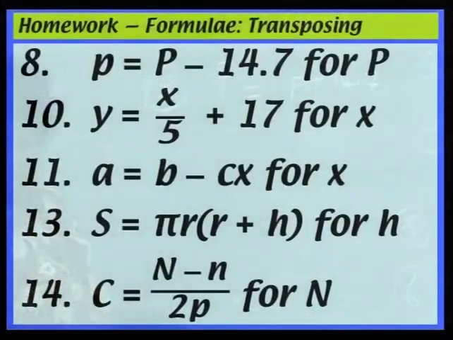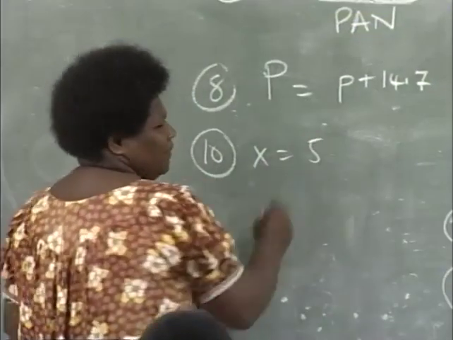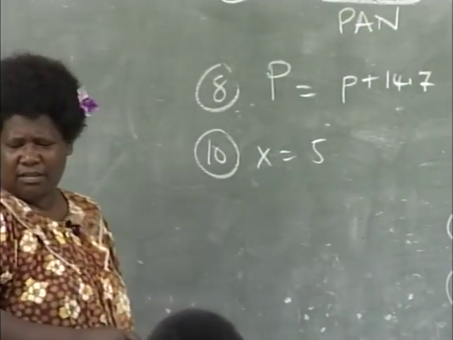Okay, number 10, Bui. Please stand up and answer the question. X equals 5 times y minus 17.